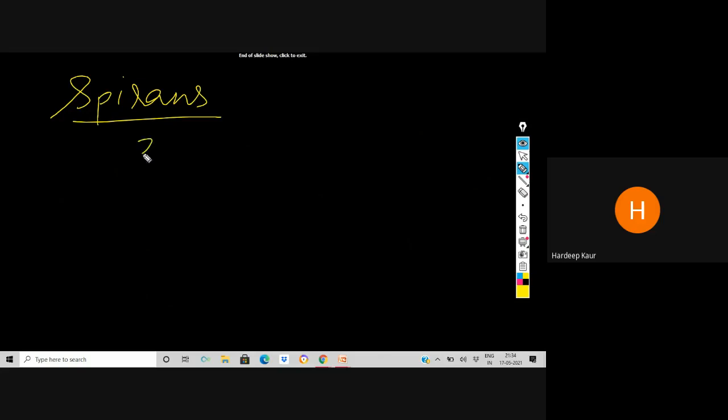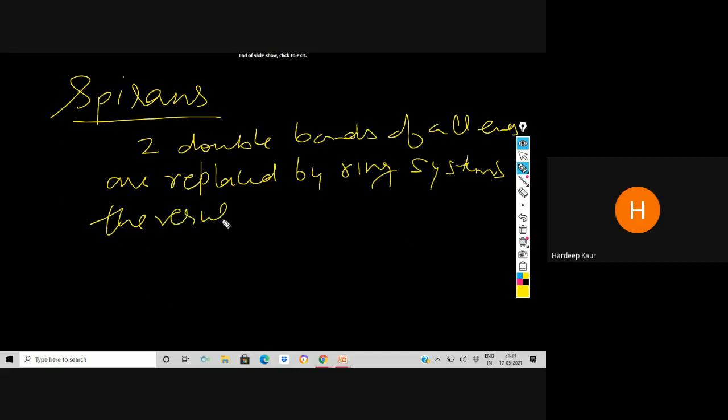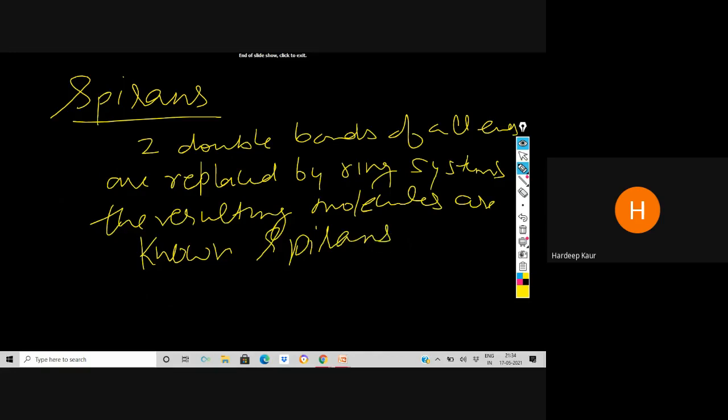If the two double bonds of allenes are replaced by ring systems, the resulting molecules are known as spiranes. Earlier we replaced one double bond of the allene with a ring system; if both are replaced, such types of molecules are known as spiranes, and they also exhibit enantiomerism. We also call them spiro compounds.